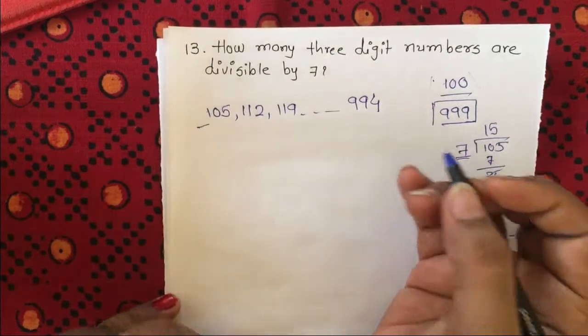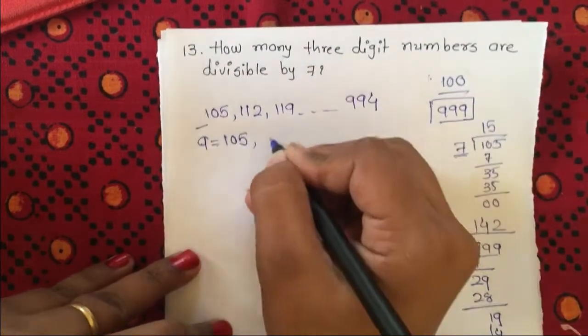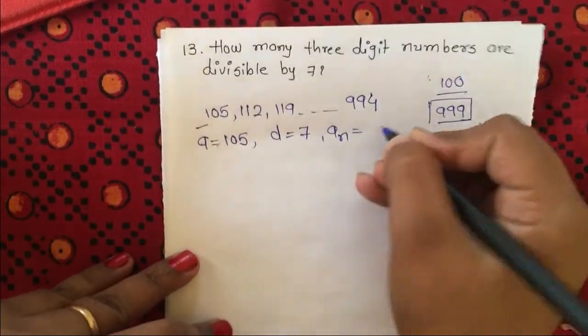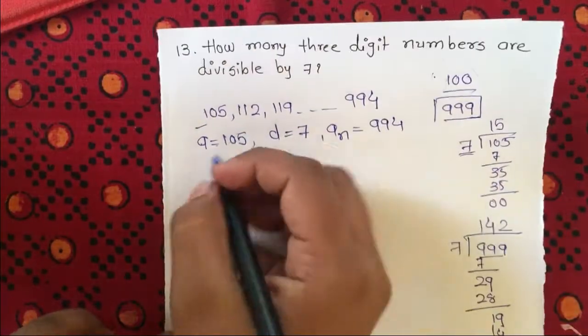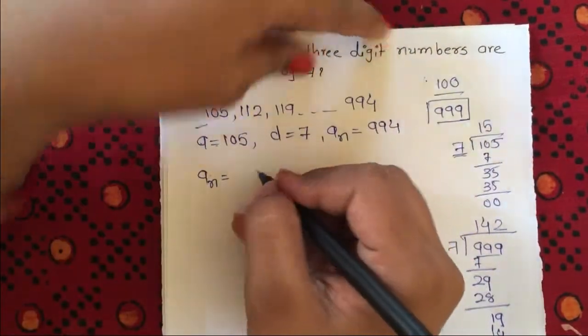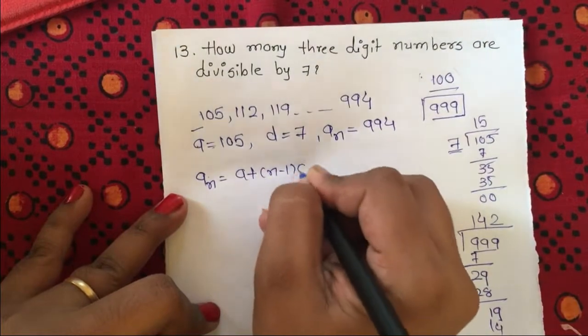अब तो यहाँ पे सिर्फ आपको जनरल फॉर्म ही लगाना है, that a first term is equal to 105. You know that the common difference is 7 and the last term, that is an, is equal to 994. Okay, so let's just start. The general formula an is equal to a plus n minus 1 into d.